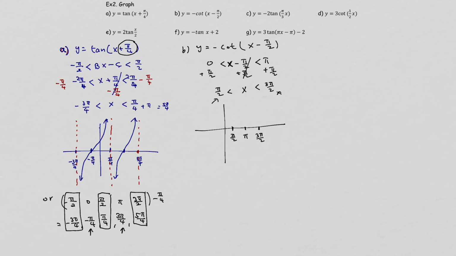And draw the vertical asymptotes. And this is going to be cotangent. So cotangent usually starts from this side like this, right? But because you have a negative, it looks like a tangent graph.